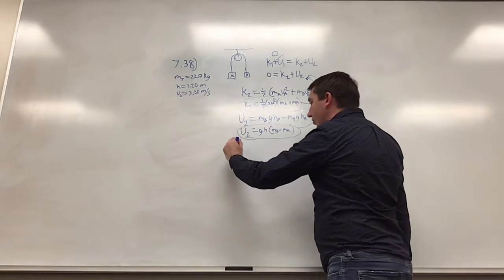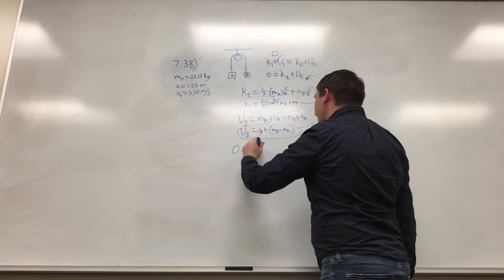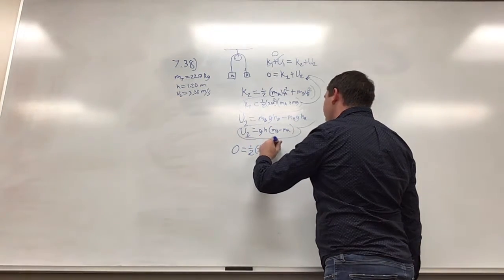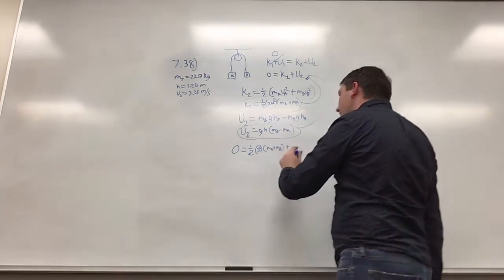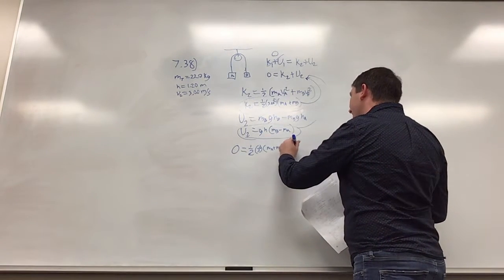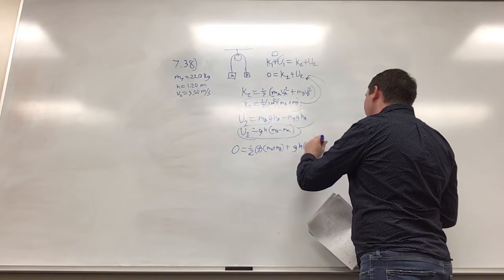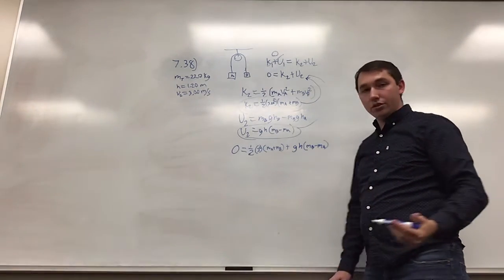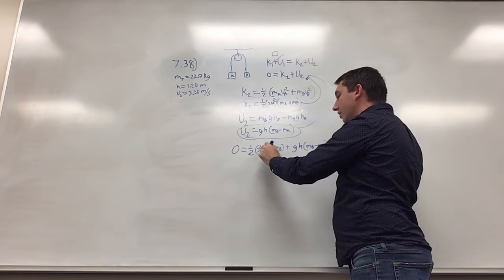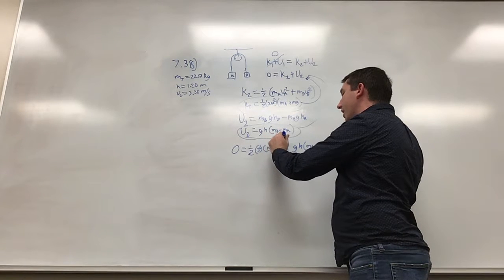So we get that 0 is equal to 1/2 times 3 squared times mass A plus mass B, plus gravity times the height times mass B minus mass A. Mass A plus mass B is going to be equal to our total mass, and so that is going to be 22 kilograms.